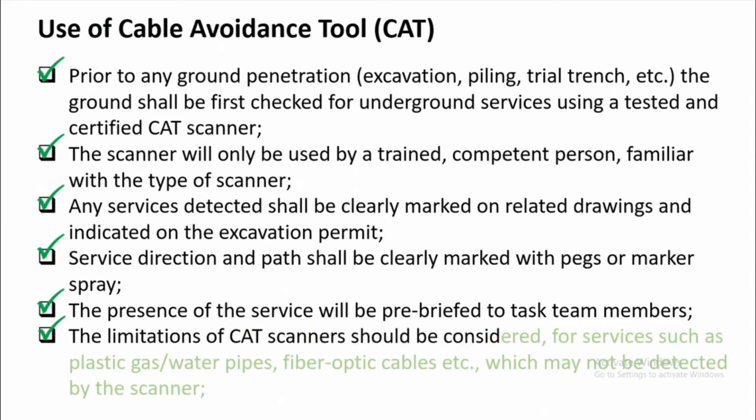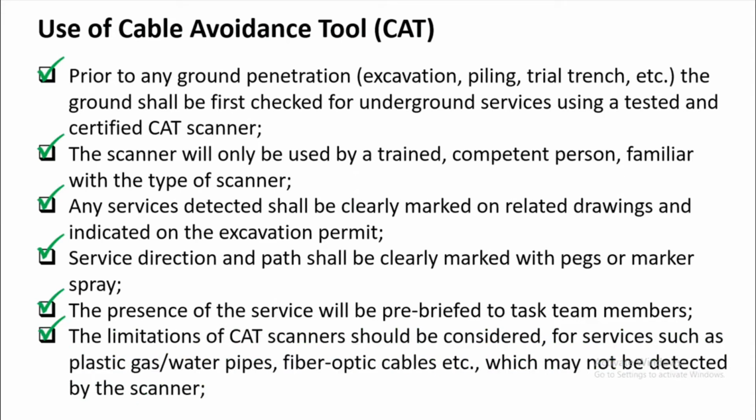The limitations of the CAT scanner should be considered. So you cannot rely on it all the time. There is a scanner that you can use on plastic, gas and water pipes, fiber optic cable, etc. It's composed of two machines used together, but sometimes your cable scanner is for cable scan only. So always check the limitation of your scanner.